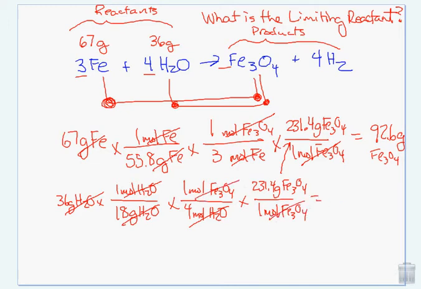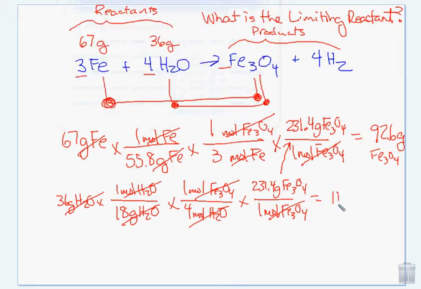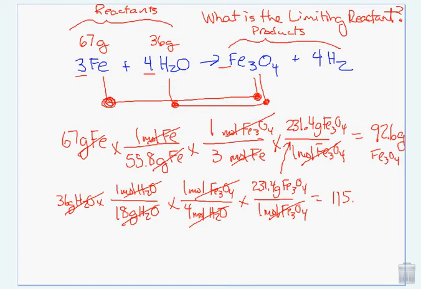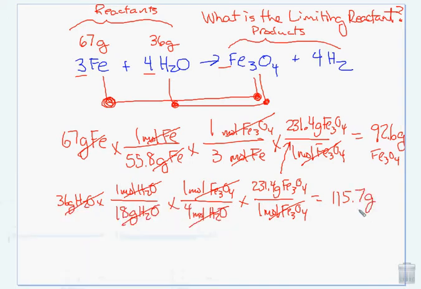Now I just grab my calculator. 36 divided by 18 divided by 4 times 231.4, that is 115.7 grams of Fe3O4.